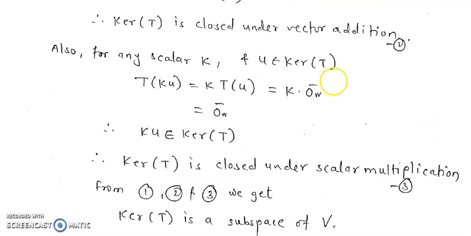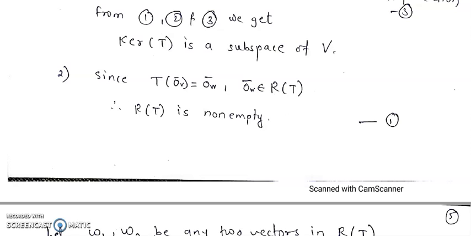Similarly, for any scalar k and u belongs to kernel of T, T of k into u equal to k into T of u, which is equal to k into zero vector of W, which is equal to zero vector of W, and therefore k into u belongs to kernel of T, and therefore kernel of T is closed under scalar multiplication, and therefore from 1 to 3 we get kernel of T is a subspace of V.